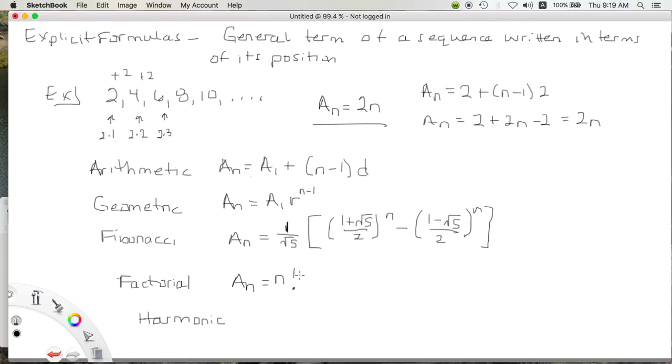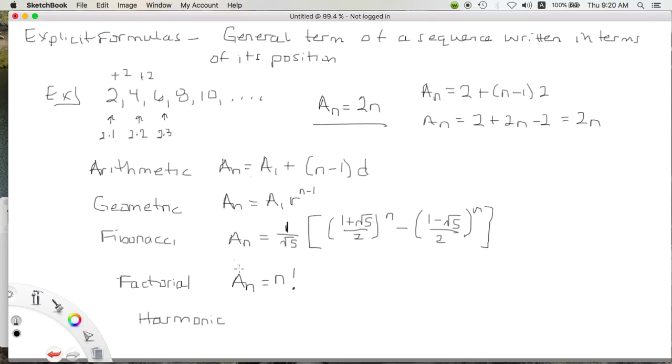And you just keep going down to 1. Remember, factorial, you're multiplying the position times the number before it. So if every time we start at 1 and every time we get to the next one, we're multiplying the position times the number before it, we end up multiplying all those different positions together.